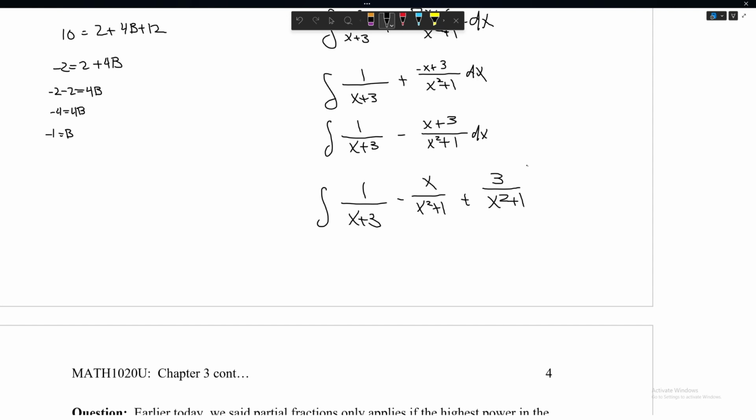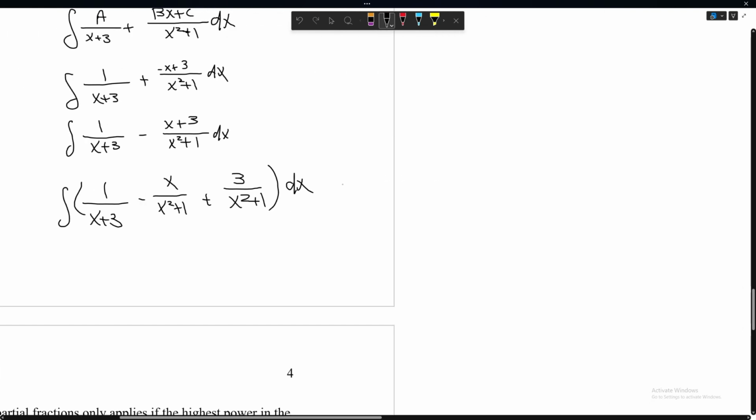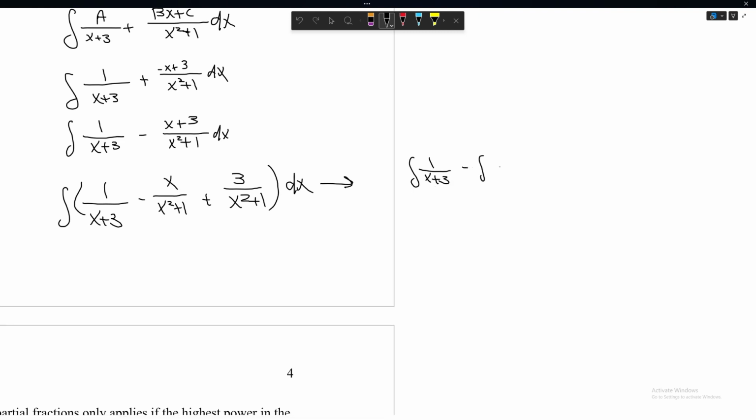And now once I have this dx, if I were to rewrite it, this is the same thing: integral of 1 over x plus 3 minus integral x over x squared plus 1 plus integral of 3 over x squared plus 1. And the reason I chose to do this is because this one is a little bit tricky. Reason being is, you see, I still have a quadratic at the bottom.